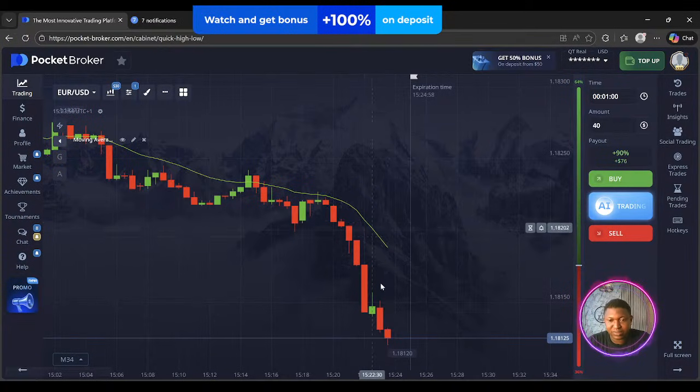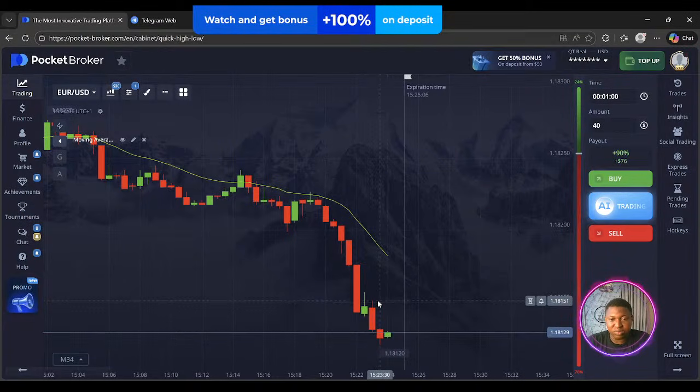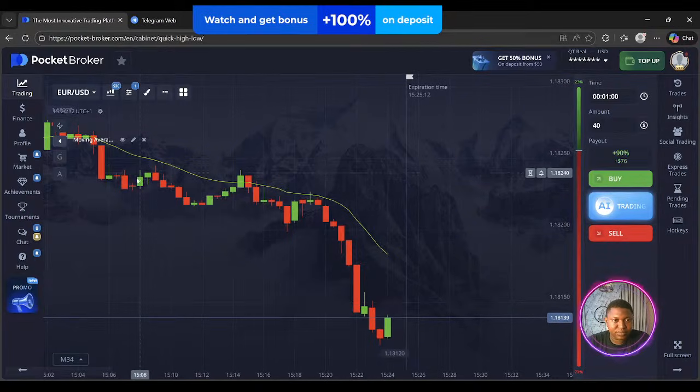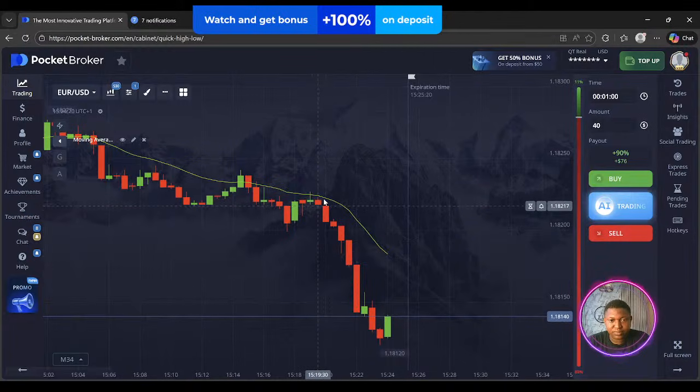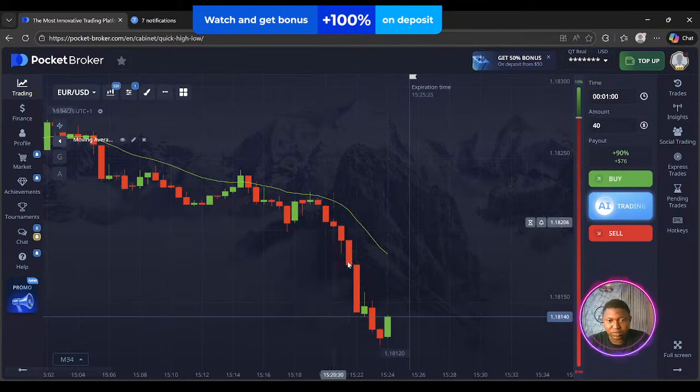The market keeps going down. This candle closes red again. I think we're going to go for another sell. The candle closes red, so it's still going to go down.